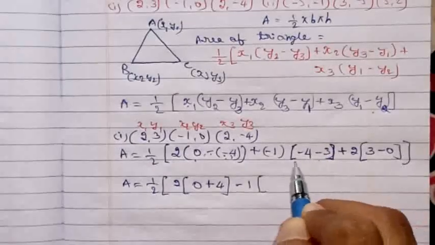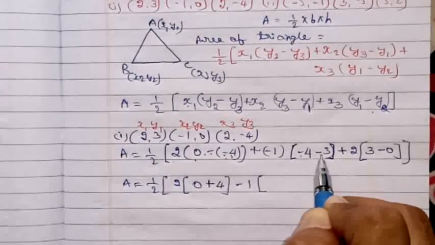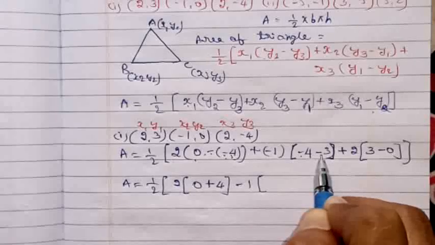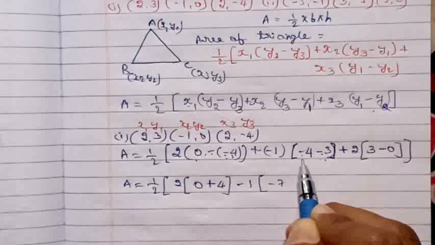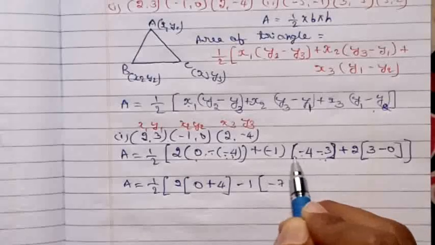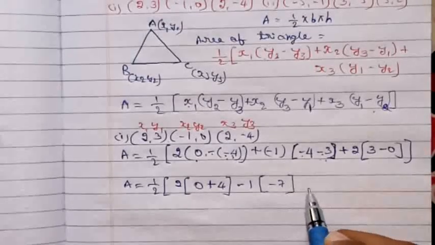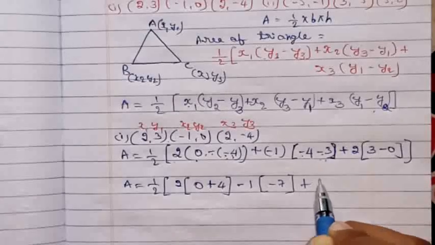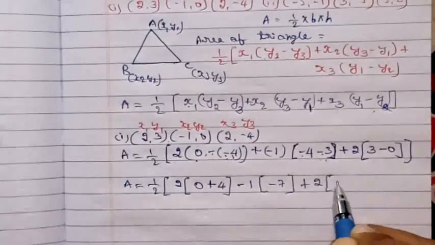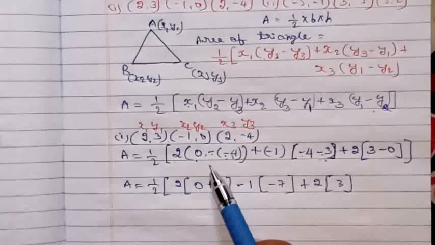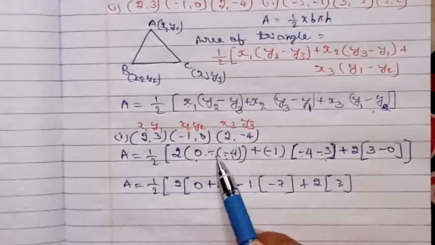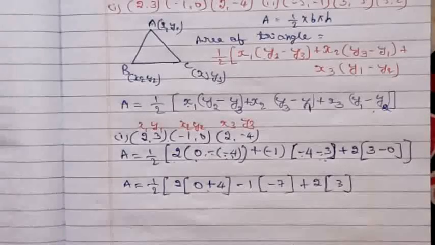Coming to this part, minus into minus is plus, so you add: 4 plus 3 is minus 7, because the sign of the bigger number, 4, is minus. Now plus 2 remains the same, 3 minus 0 is 3. Clear, children? Here two symbols are there, so I multiplied the signs: minus into minus will be plus, so I wrote it like this.